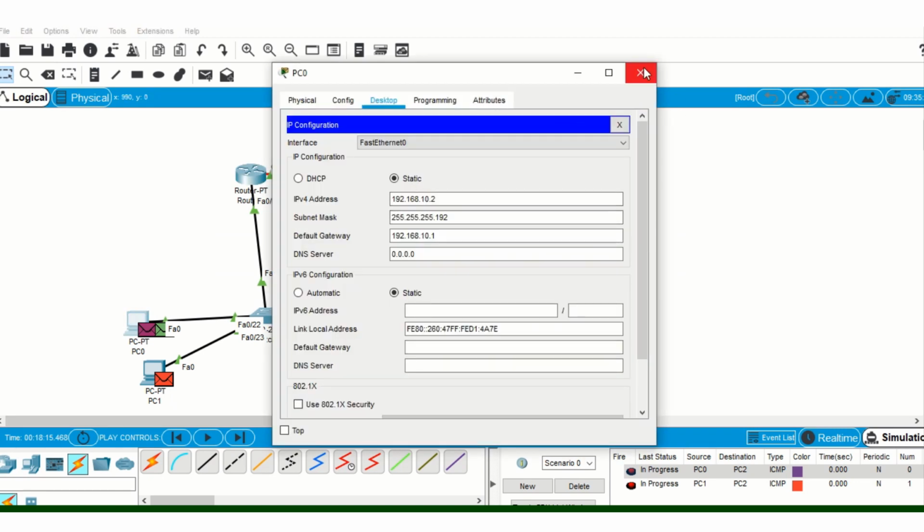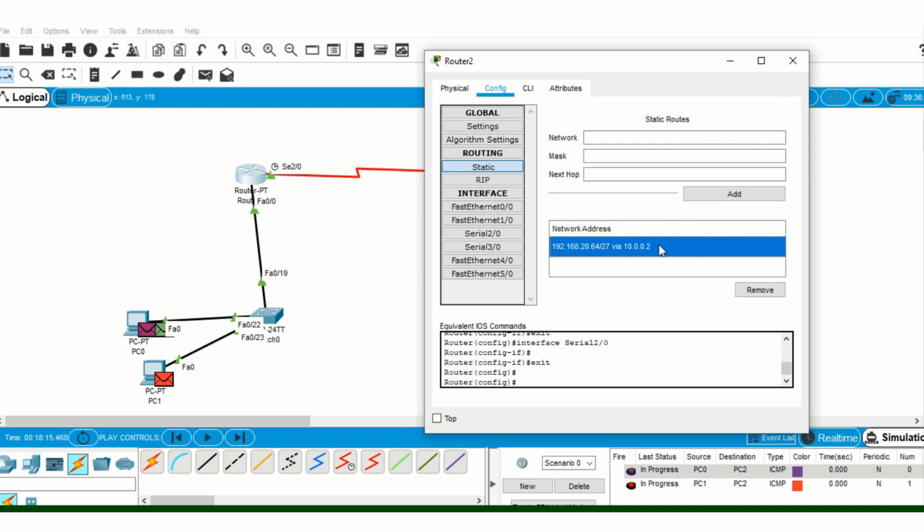Alright, so I will add the route here for 192.168.10.0.